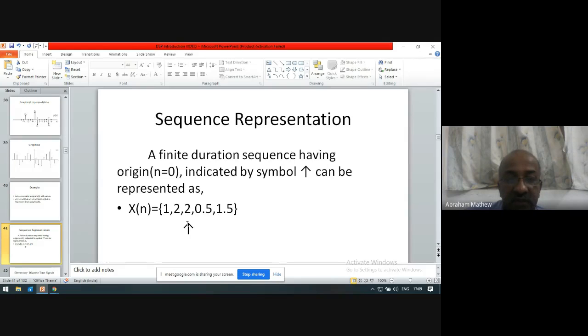That means at x of 0, the amplitude value is 2. And left side it is 2 samples. Right side also, with respect to the origin, 2 samples to the left and 2 samples at the right. So this type of representation is a sequence representation.